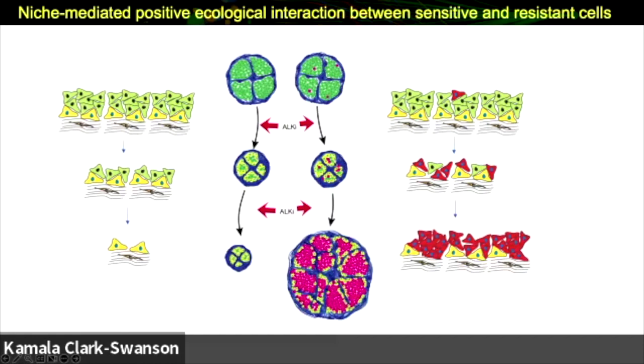The resistant cells, however, don't care about stromal proximity. They expand, and by expanding, they limit the loss of the stromal niches, and as they mediate the outgrowth of the tumor, we're adding new and new niches that can support not only those resistant cells who don't really need them, but also the sensitive cells who can exploit them. And so it leads to very interesting and unusual dynamics that would be completely missed if you don't consider the stroma.